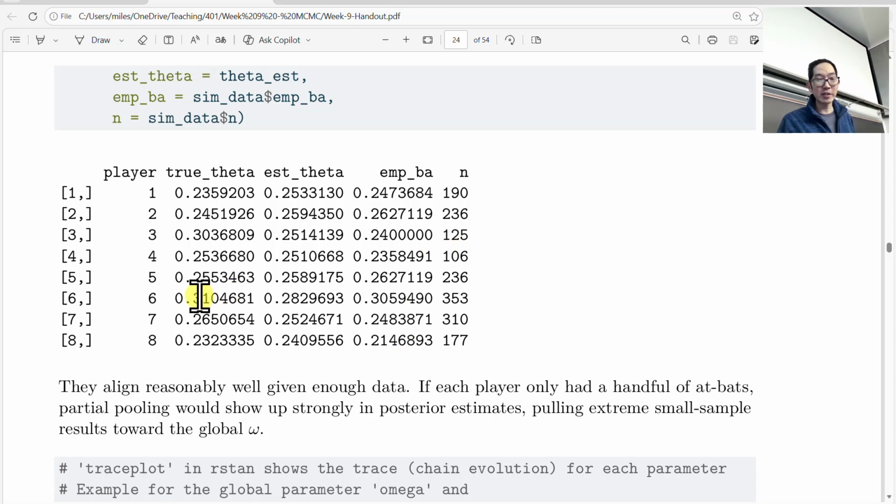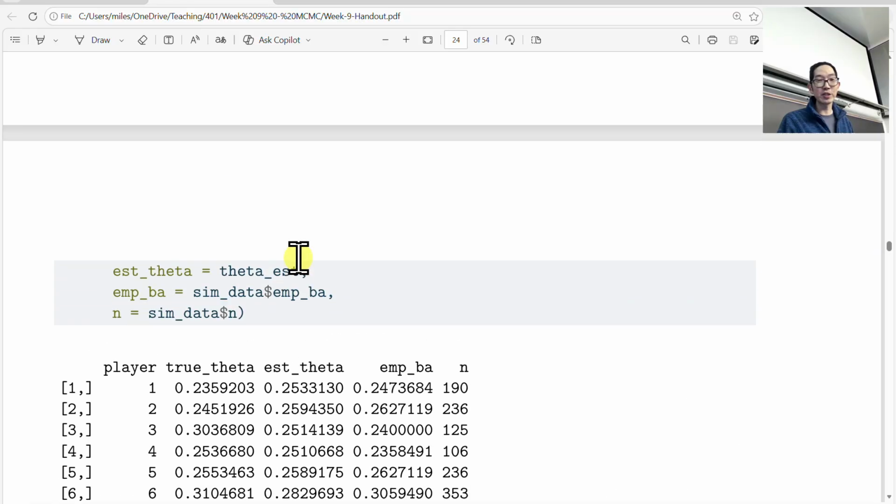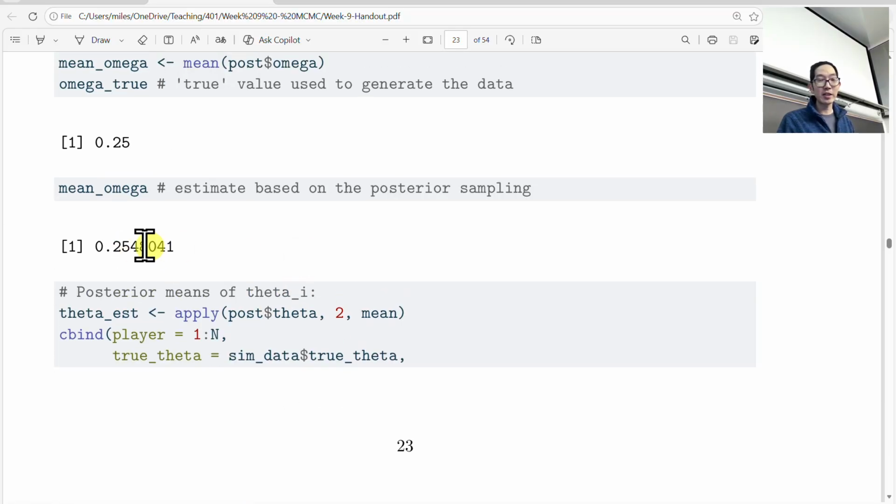This player's true value is 0.31, their empirical is 0.305, but taking into account all of the players' data, it pushes it a little bit closer to the mean at 0.282. We had 353 observations. The ones that have fewer observations, their estimated theta is going to be closer to the kind of group mean of 0.254.